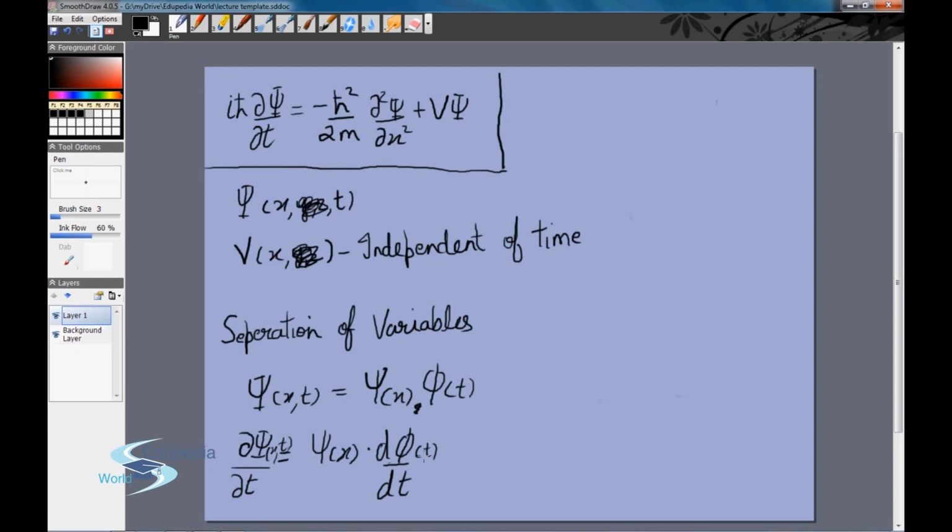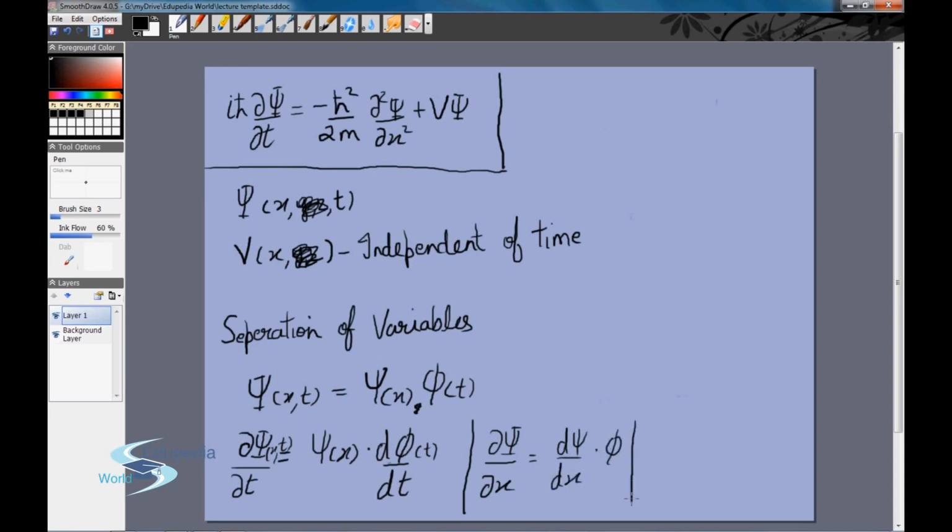Similarly, del psi by del x will be the partial derivative, and that will be the derivative of psi of x assuming the other term is constant. So that will be d psi by dx multiplied by phi.